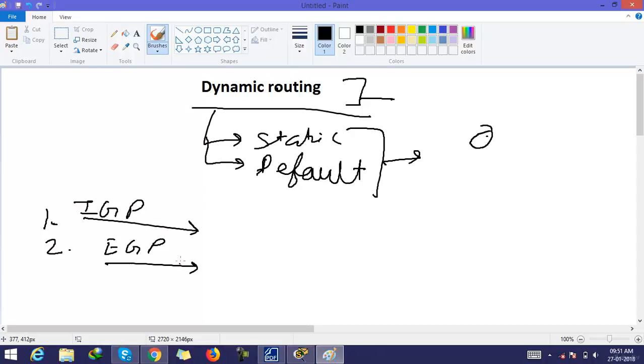IGPs are used to exchange routing information with routers in the same autonomous system, or you can say AS. EGP is used to exchange routing information between two different autonomous systems.